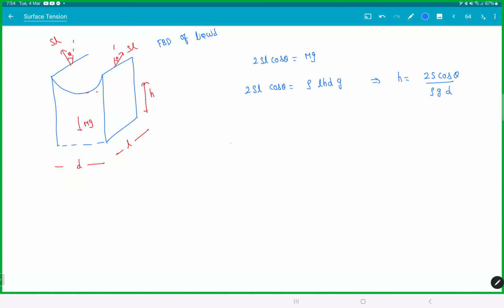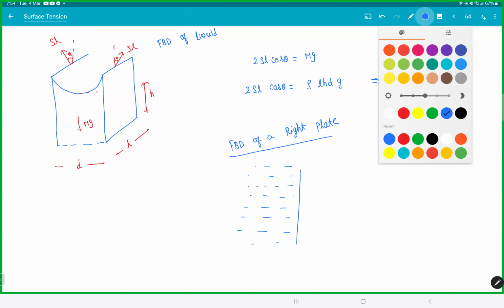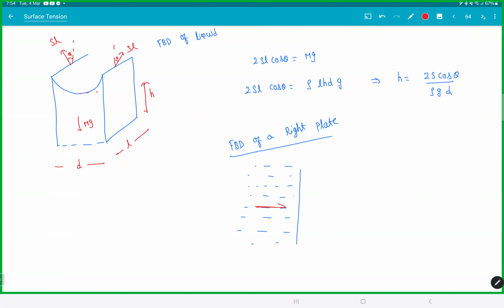Now, if you draw the FBD of one plate, and look at the forces on this, I will take the right plate. So we have liquid till here. The liquid is pushing it.